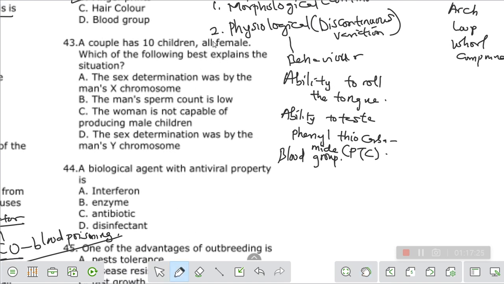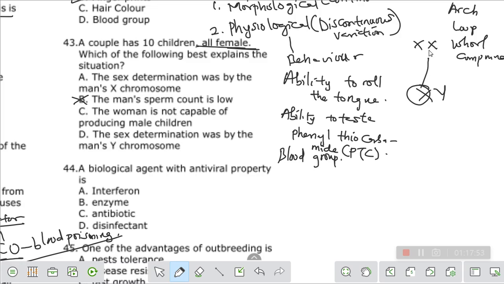If the father gives the X chromosome, it will be a female child. If the father gives the Y chromosome, it will be a male child. The woman is not the one producing the male children. Those people who send their wives out because the wife is not able to give them a male child don't know what they are doing.